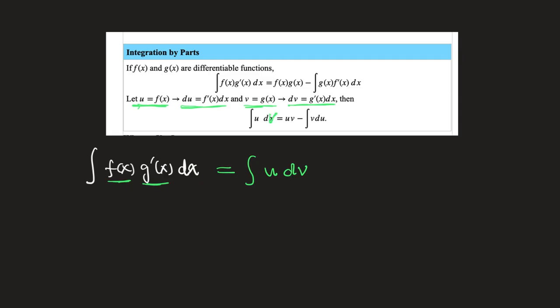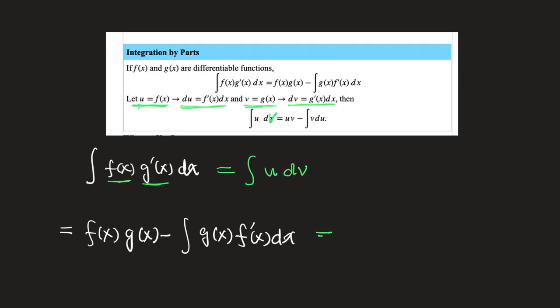Then the right side, f(x) g(x) minus integral g(x) f prime x dx, becomes uv minus integral v du, where g(x) is v and f prime x dx is du. So the simpler form of integration by parts is integral u dv equals uv minus integral v du.